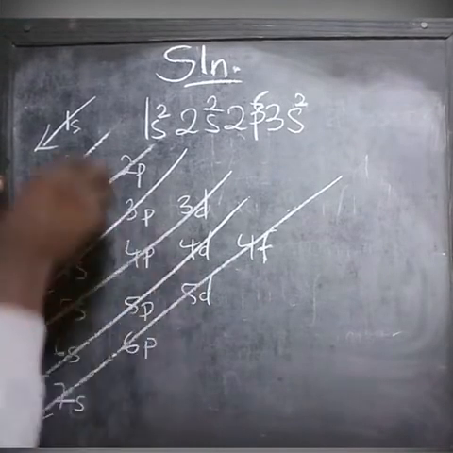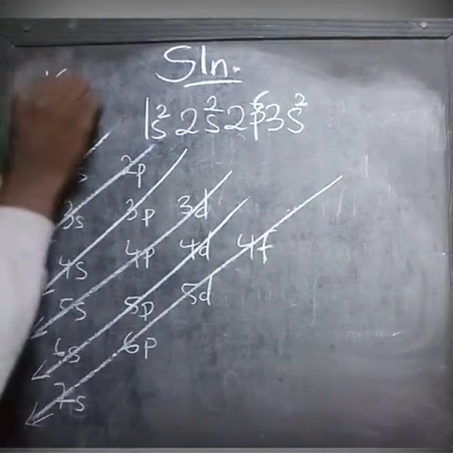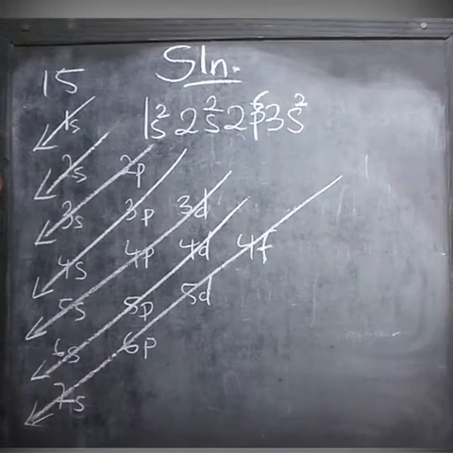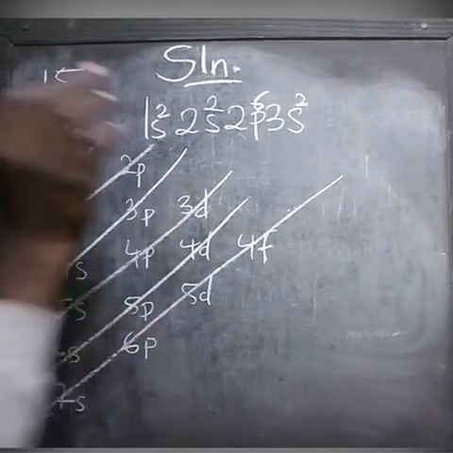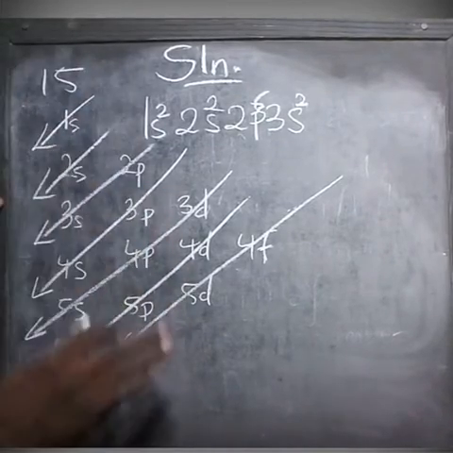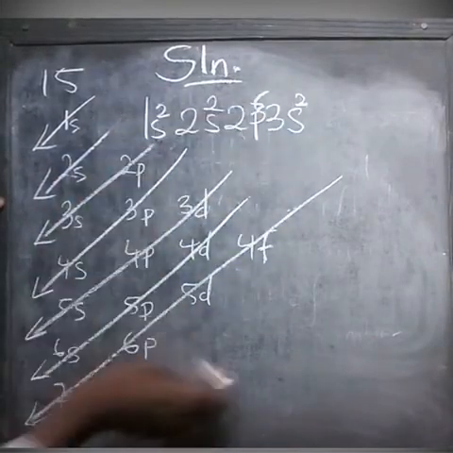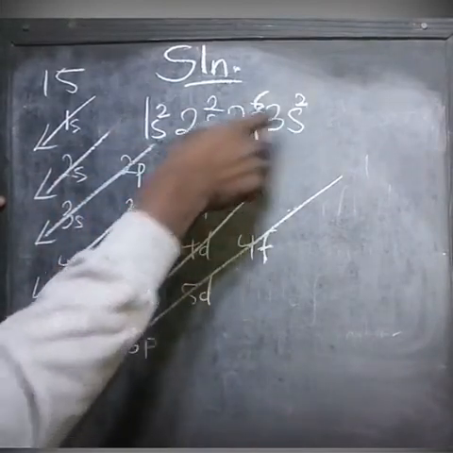So here we are given an element with an atomic number 15. To write down its electronic configuration together with the distribution of the electrons in the subshells. So here we are writing the electronic configuration and here are the subshells. So let's go ahead.